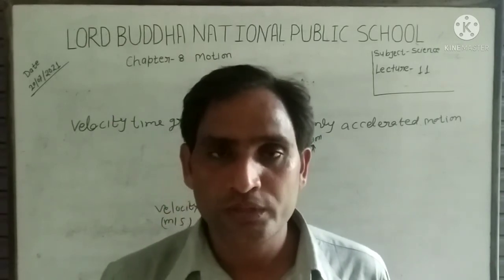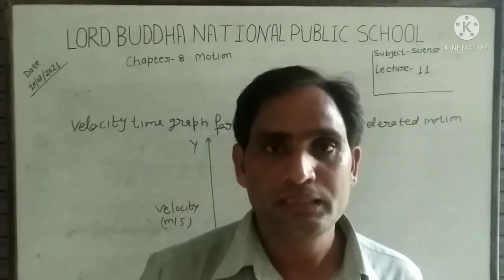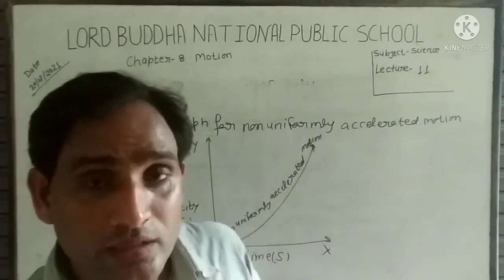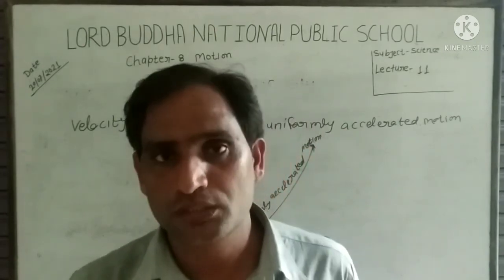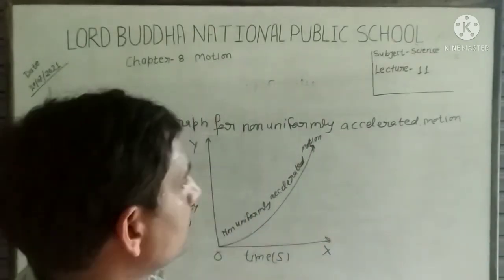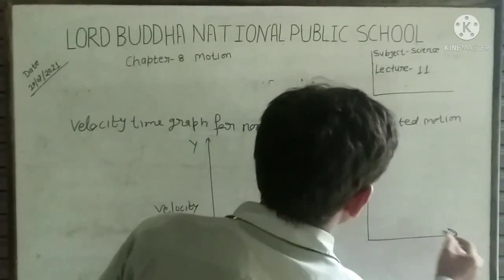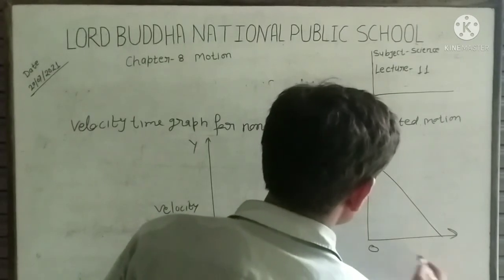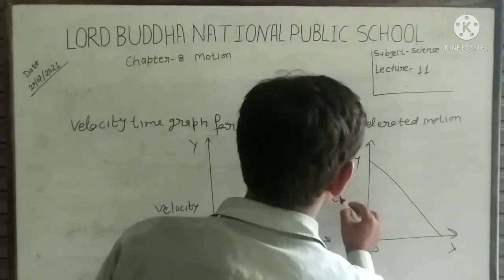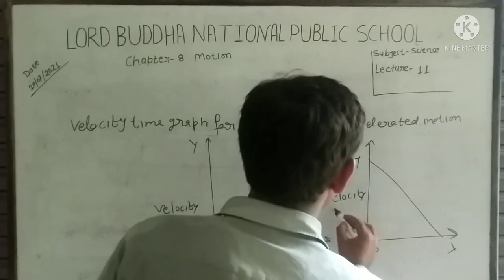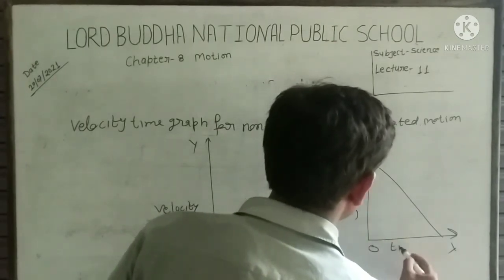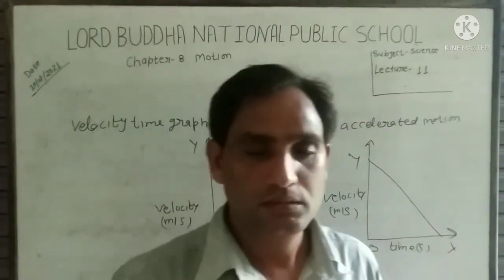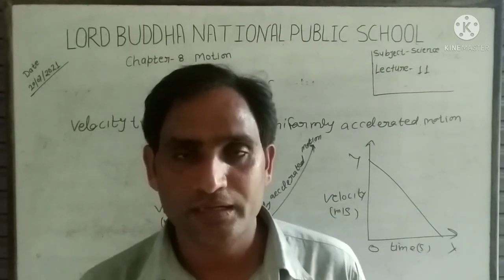When the object is moving with non-uniformly accelerated motion, then the graph will be a curve, and when the object is moving with retarded motion, then the graph will be like this, as we represented earlier: O, X and Y, velocity meter per second and time in second. Okay, in this way, this representation of velocity time graph is completed.